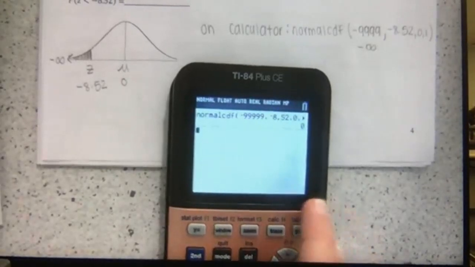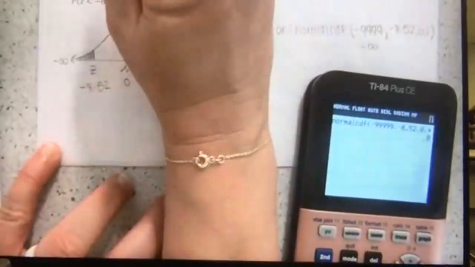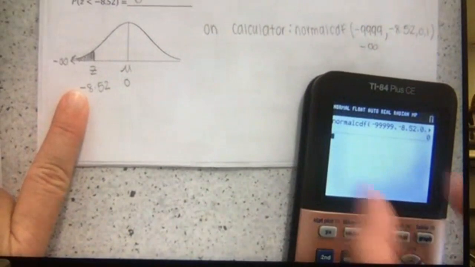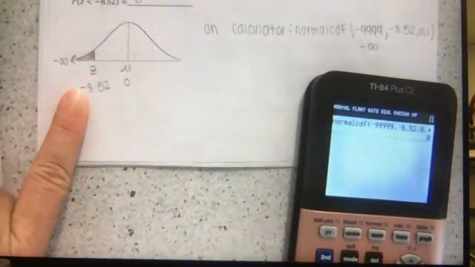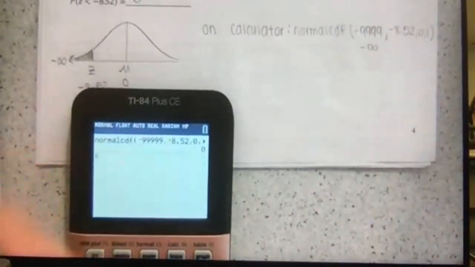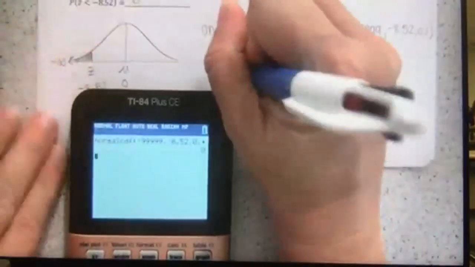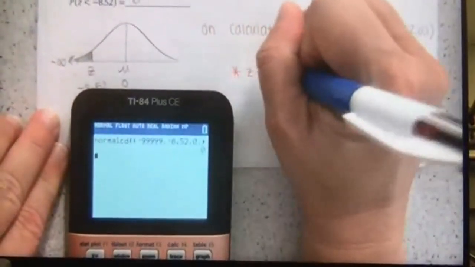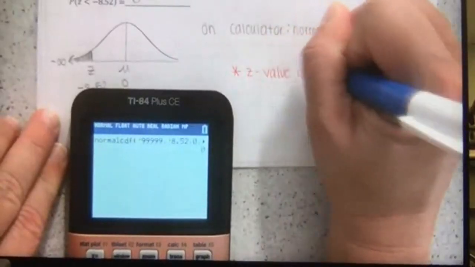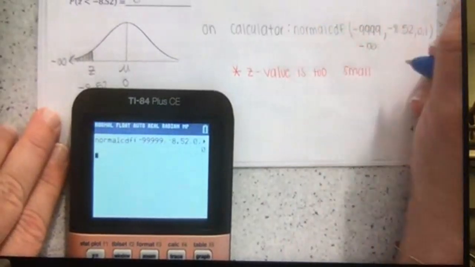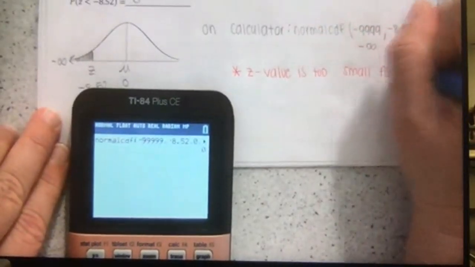Pressing enter, we have 0. So this just means that our area is so small that it pretty much is 0, rounds it to 0. Our calculator only has so much room, so instead of saying 0.000, it just rounds it. I also want to put a note here that our z value is too small for the table.